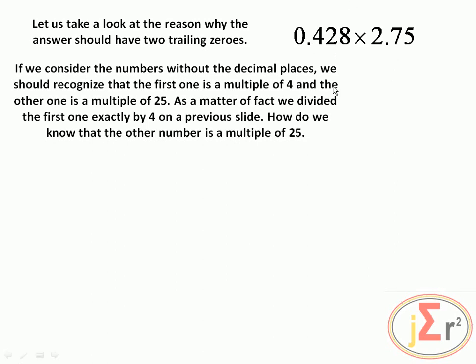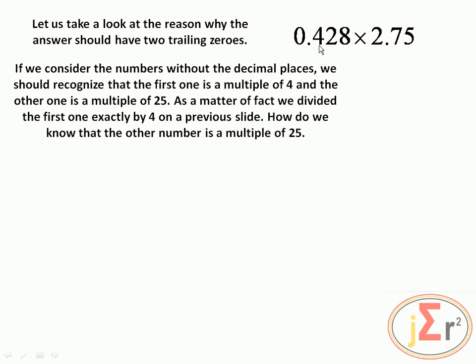So we are treating this one as if it is 428, and we know that the hundredths part of a number is a multiple of 4 because 100 is a multiple of 4. So the figure in the hundredths position will cause the number to be a multiple of 4. Also, we know that 28 is a multiple of 4.